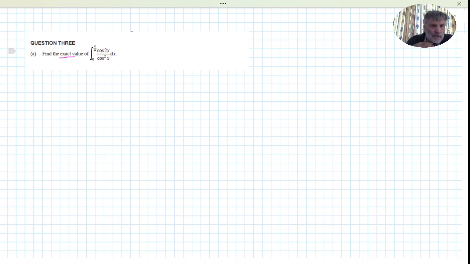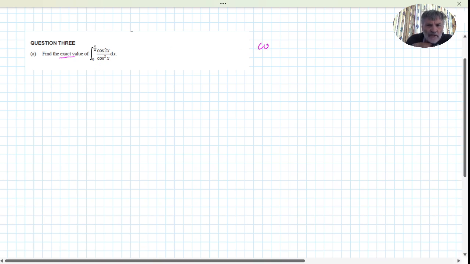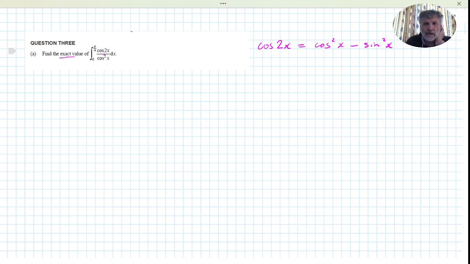So the technique that we use for this question is that we have some expressions for cosine 2x. The basic one is usually cosine squared x minus sine squared x. So we can change this into cosine squared minus sine squared.